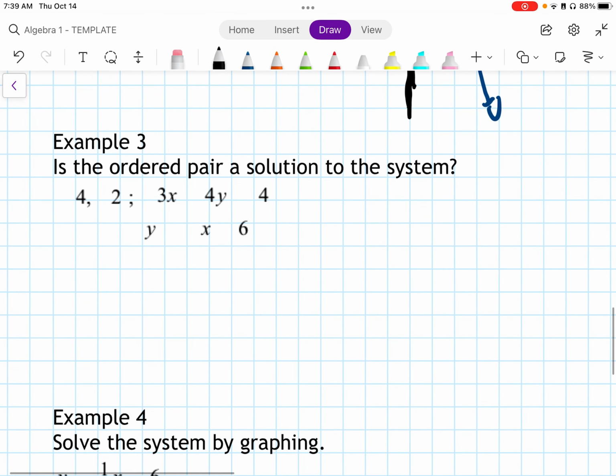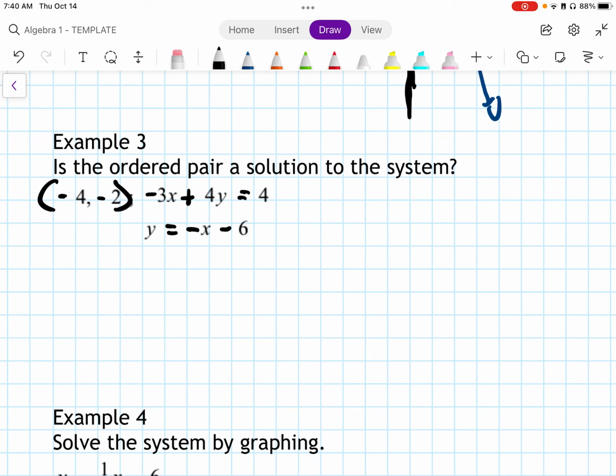Scrolling down. Example 3. My point here would be negative 4, negative 2. And then I have negative 3x plus 4y equals 4. And then y equals negative x minus 6.